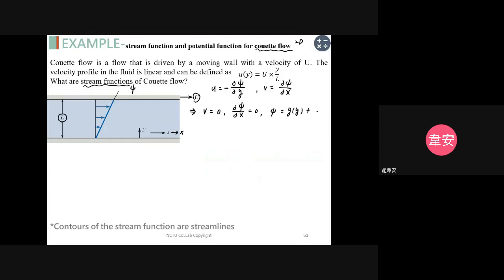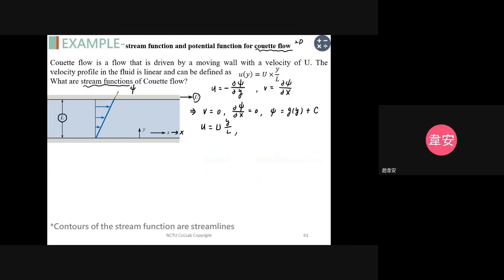Then maybe we have an additional constant value. And we also know that the u function is equal to capital U multiplied by y divided by L.